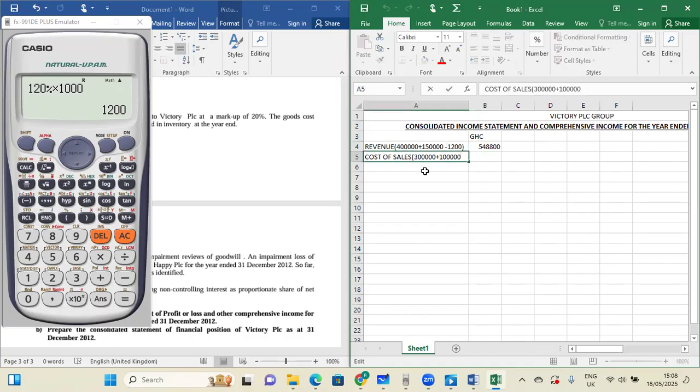Now, our cost of sales as well, since we've subtracted the sales from our revenue, we also have to take it out of our cost of sales. So this same 1,200 will be taken out here. So minus 1,200.